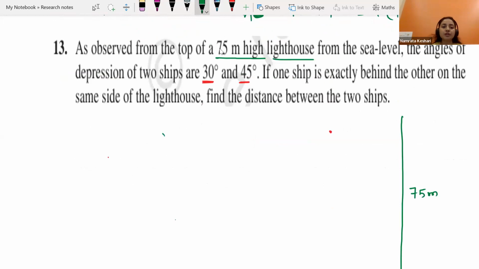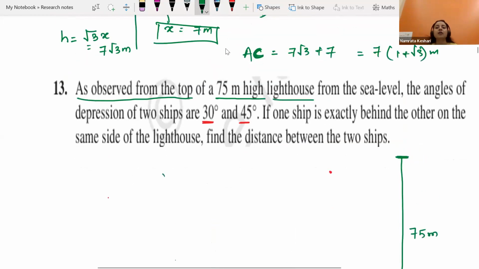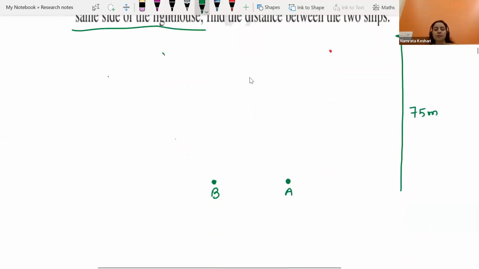As observed from the top, there are two ships. One ship is at point A, another ship is at point B. Now there is a clarification in this question that one ship is exactly behind the other on the same side of the lighthouse, so we have represented the ships properly.